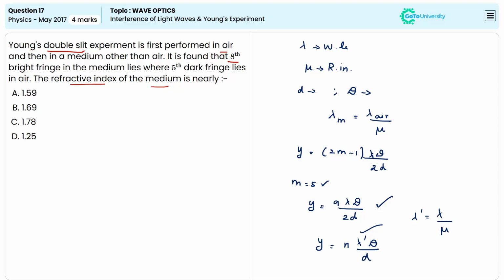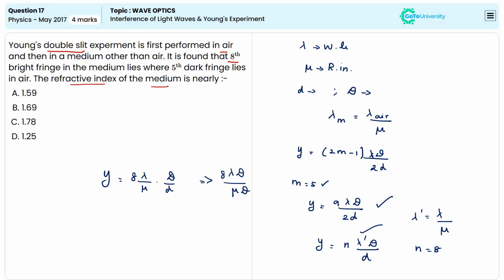Here, the eighth fringe is a bright fringe, so n will be equal to 8. So the position can be written as 8 times lambda divided by mu times D divided by d, which equals 8 lambda D divided by mu d.